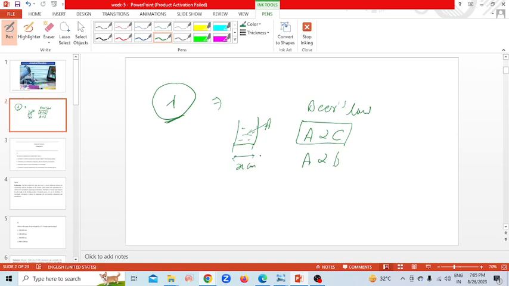So A is proportional to C, this is the Beer law, and A is proportional to the thickness, this is the Lambert law. Finally, A is proportional to both the concentration of the sample and the thickness of the vial where you are taking the sample.